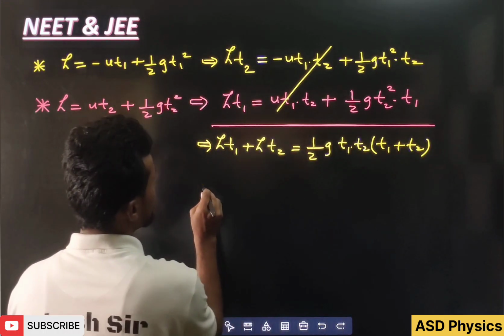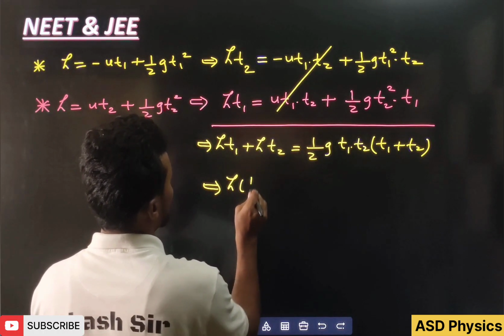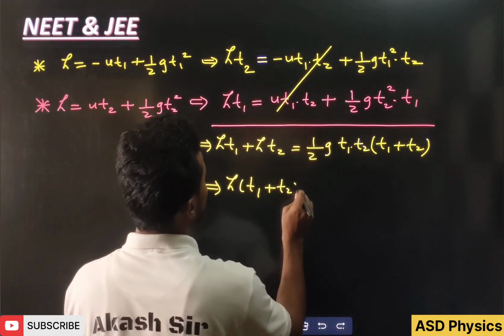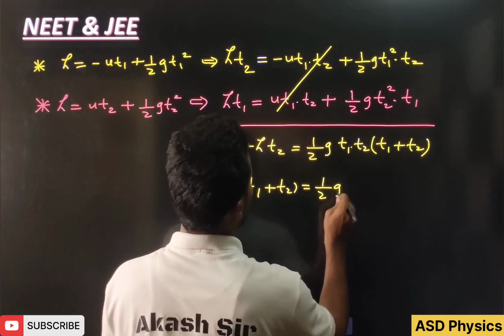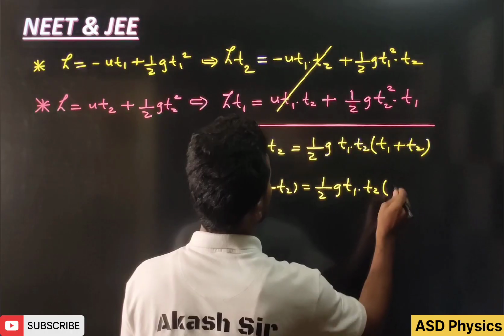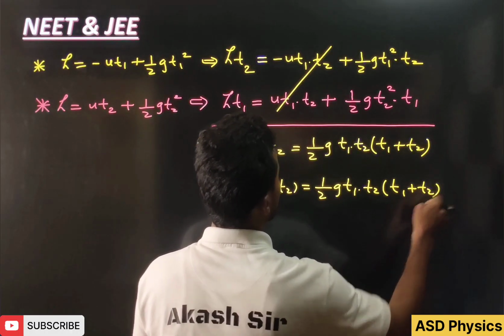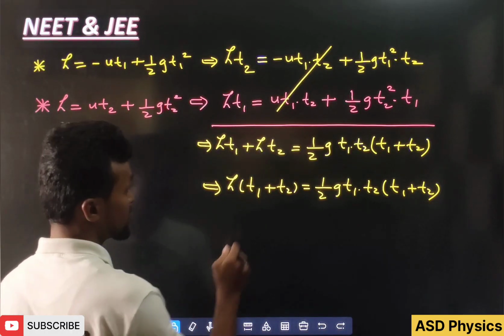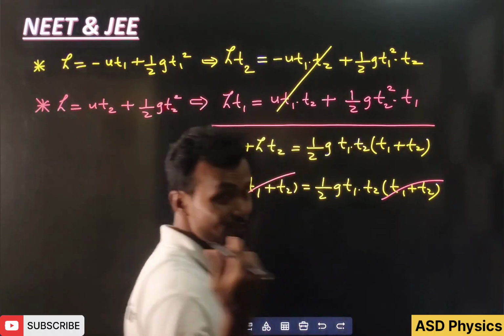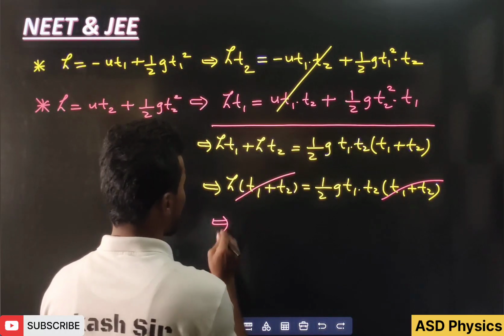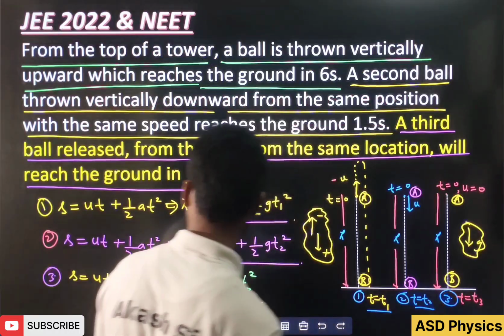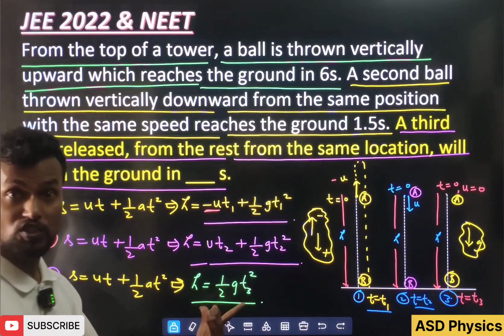Now here h is common. So h times (t1 plus t2) is equal to half g t1t2 times (t1 plus t2). Can you see what will cancel out on both sides? t1 plus t2 is cancelled. And what is h? We know from here, h is half g t3 square.